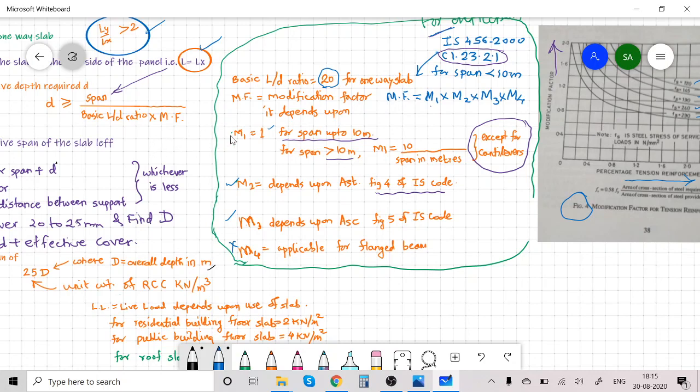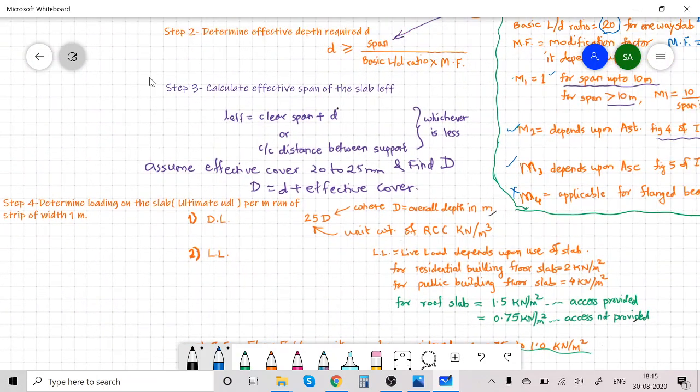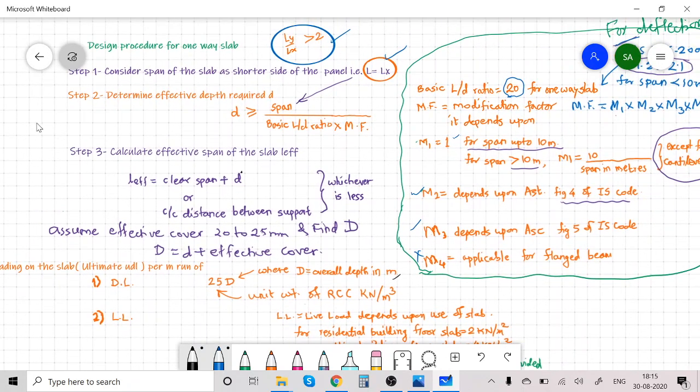Now, after considering the modification factor, remember in examination, don't worry about these charts, because in examination, either they will directly give the value of modification factor, or if it is not given, you can assume the modification factor between 1.4 to 1.6.